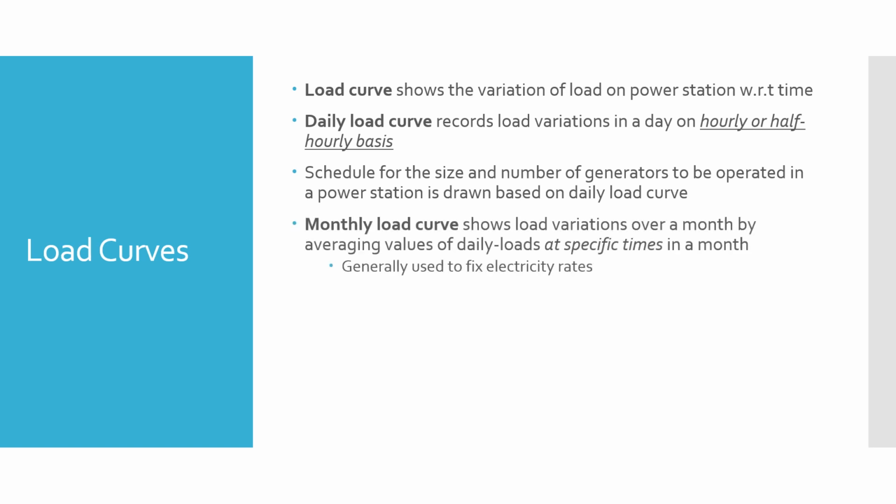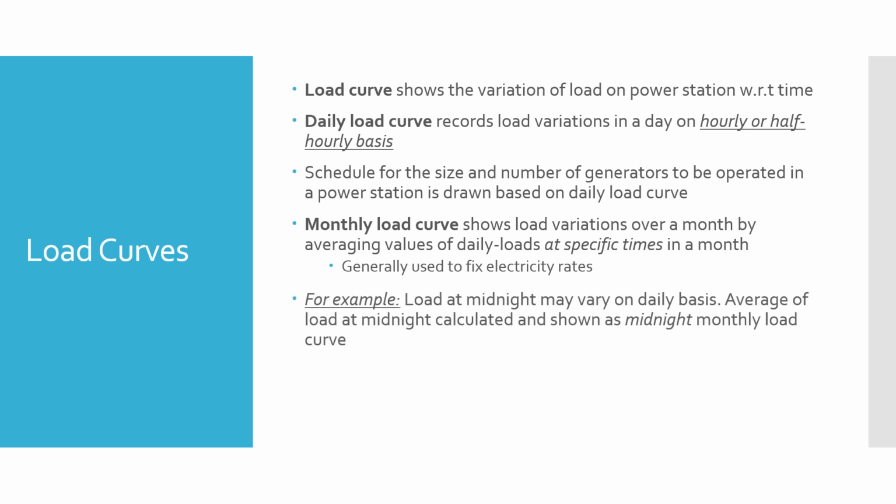Then we move on to monthly load curves. Obviously, as the name implies, this load curve will give load variations on a monthly basis, and at specific times in a day, the average load is taken for that particular time, and then these load curves are drawn. For example, they are generally used to fix the electricity rates.